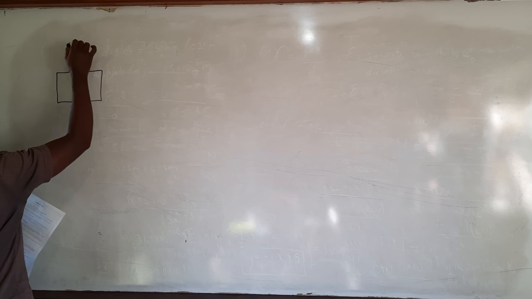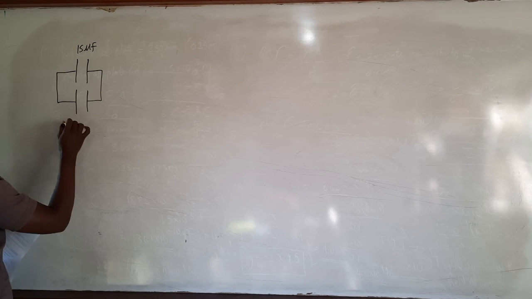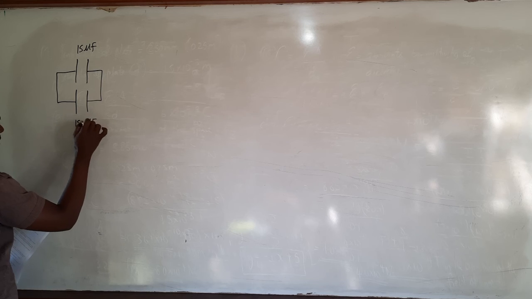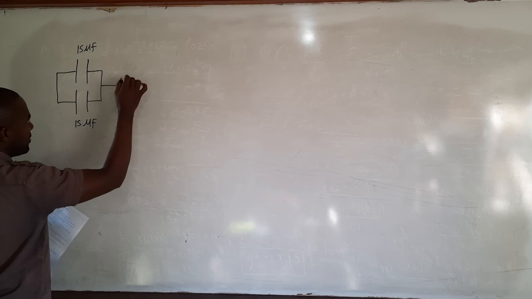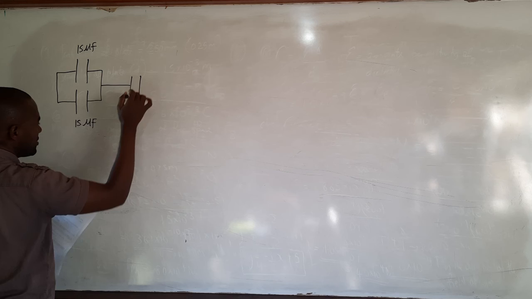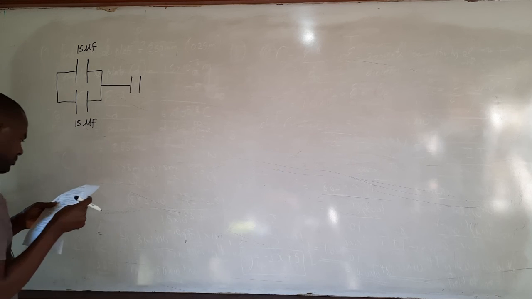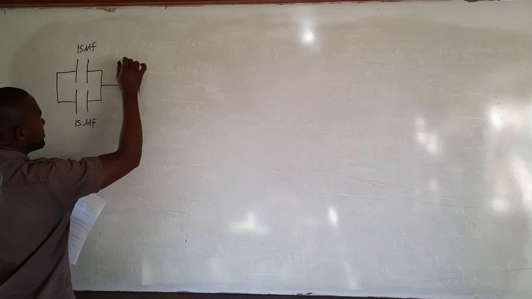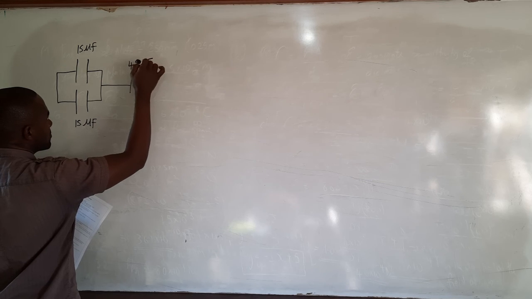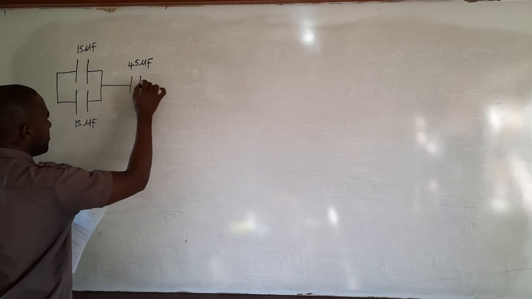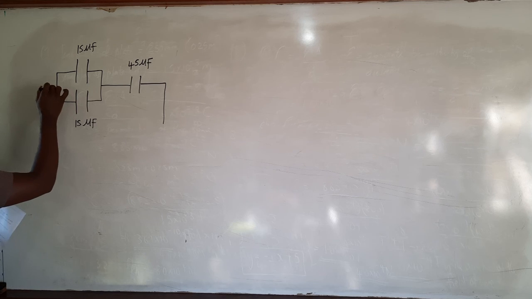So this is 15 microfarads, 15 microfarads. And the pair are connected in series with a 45 microfarad capacitor, right? And of course, the entire combination is connected to a battery.